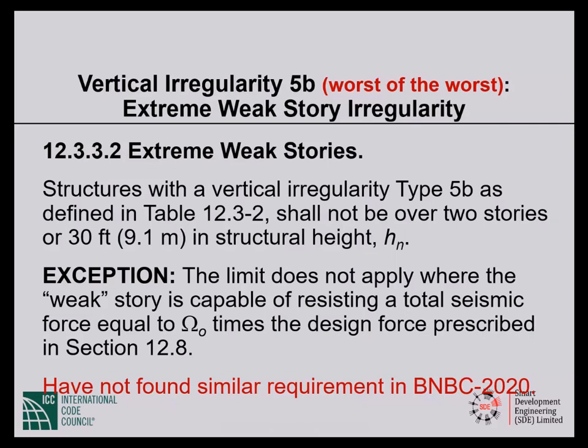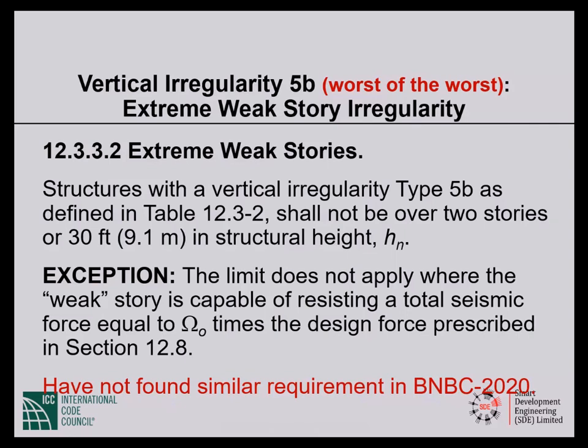The limit does not apply where the weak story is capable of resisting a total seismic force equal to omega sub 0 times the design force described in 12.8. So if you are willing to make the weak story that strong, omega sub 0 times the strength that would otherwise be needed, then the height limit of 9.1 meters does not exist.